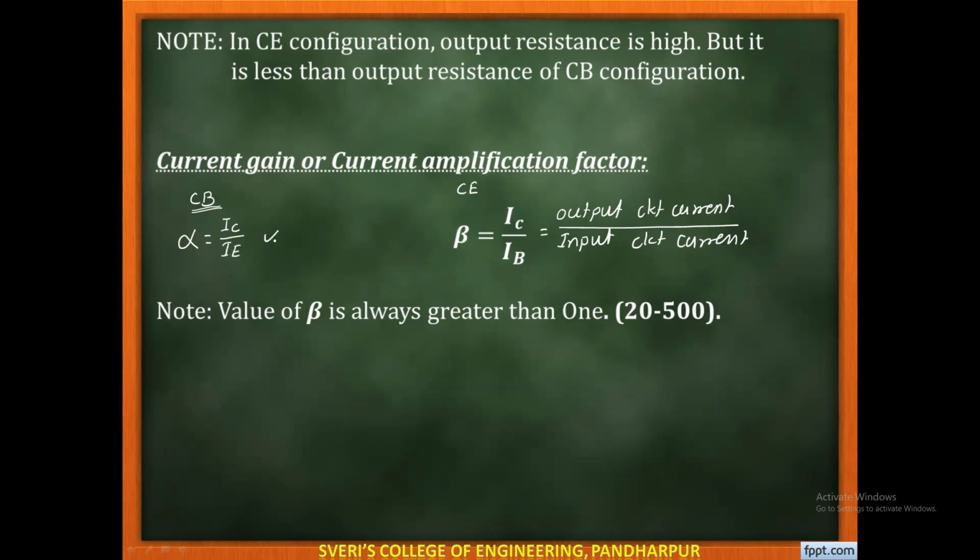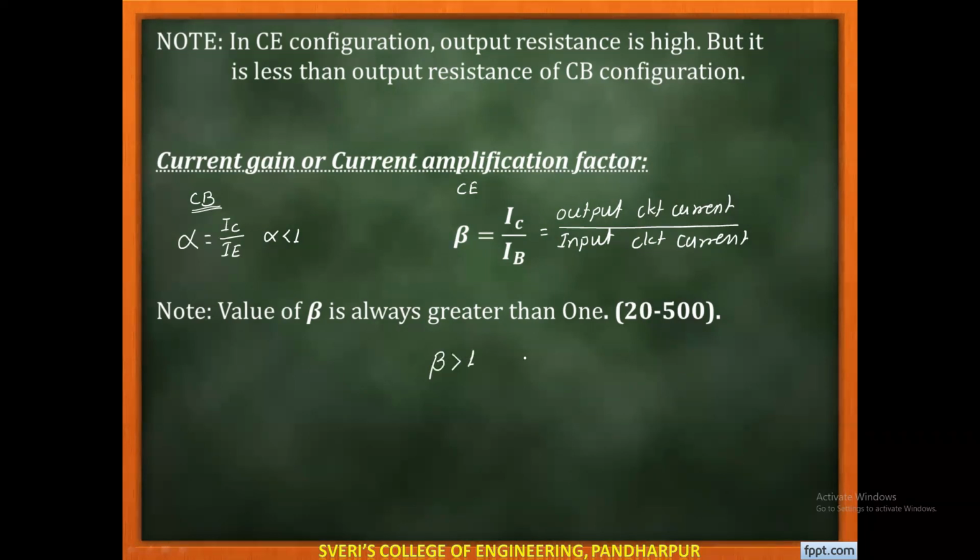And that's why we say that alpha is always less than 1. But here, the denominator is IB, the base current, which is always very, very small, and IE is approximately IC. So can I say that the value of beta is always far greater than 1? Get it, my point?